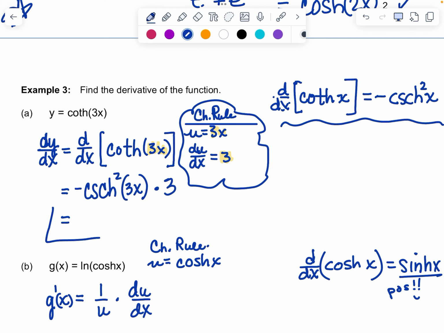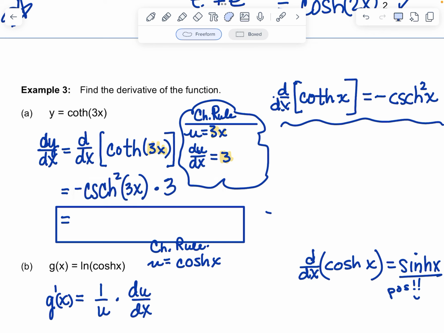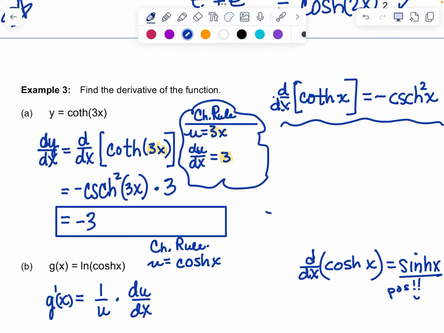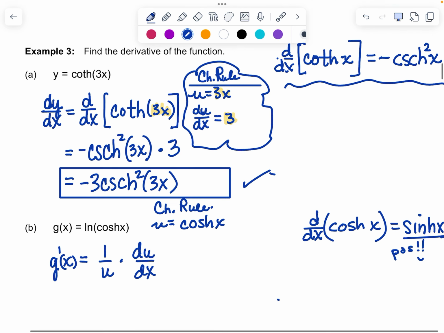So the only thing you would do for your final answer is write that as negative 3 hyperbolic cosecant squared of the quantity 3x. And there you have it. That's your derivative, okay?